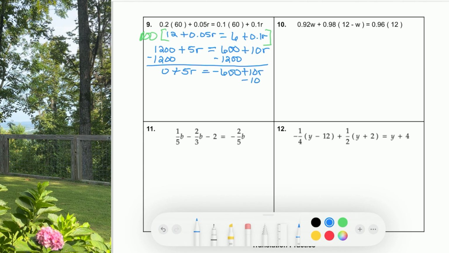Now I'm going to subtract the 10r. Ooh, before I do that, let me rewrite the problem like we normally do. 5r equals negative 600 plus 10r. Okay, now subtract our 10r. I end up with negative 5r equals negative 600.